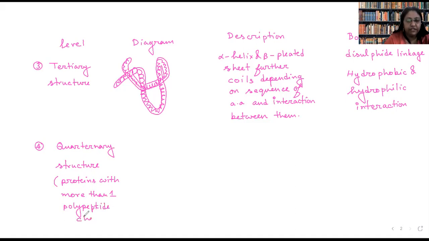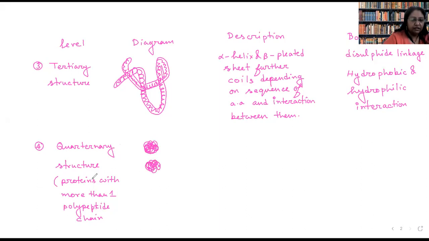So for proteins which have only a single polypeptide chain, the final structural organization is the tertiary structure. Now, let us start discussing the quaternary structure. I wish to talk here about the protein called hemoglobin. It has four polypeptide chains.